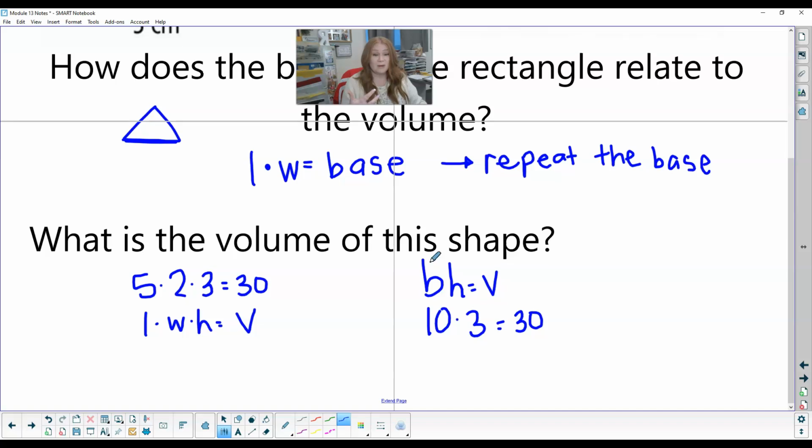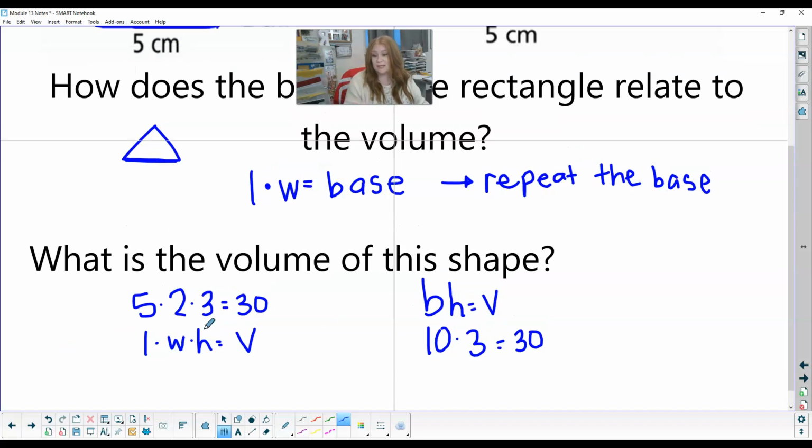Sometimes they might already give you the base of the rectangle. They might say the base of this is 20, you have 5 levels of that, what is the volume? They've already multiplied the length and the width for you. How nice of them. You just have to see how many levels of that you have.